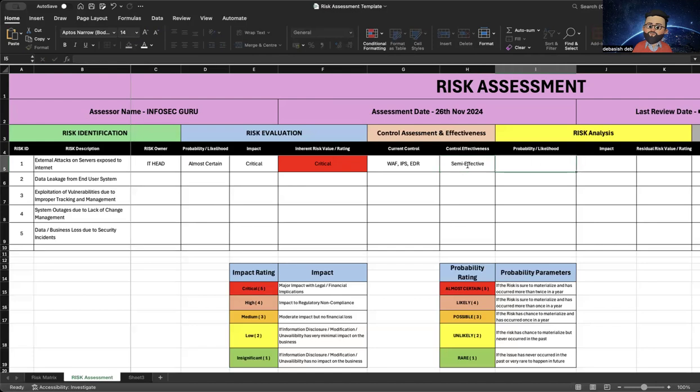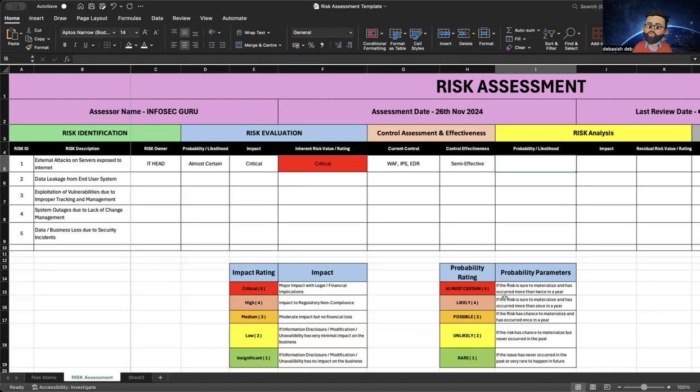Now, what is the probability after putting this control? It has a chance to materialize, but has occurred once in a year or has never occurred in the past. After this control, we have not identified any scenario where someone from external has tried to get into our servers.